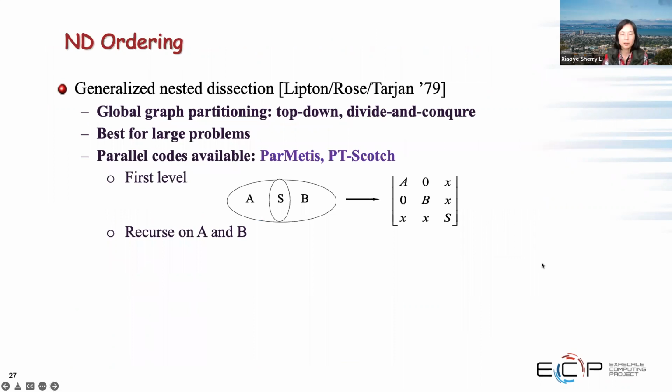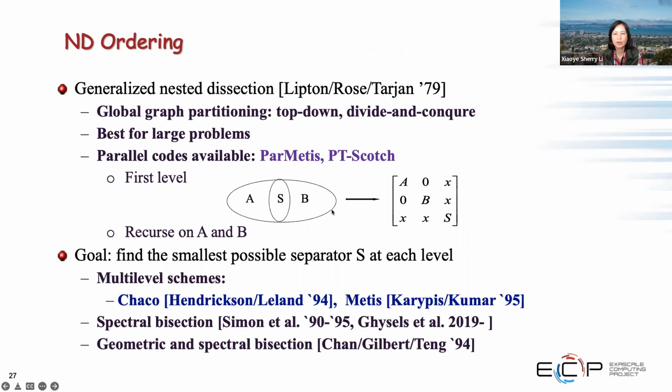The nested dissection I talked about was based on the regular mesh, but you can do this for any general graph. For example, here the picture is any general graph. The main thing is to find the separator. And after the separator, for each of these different parts, you find another separator.